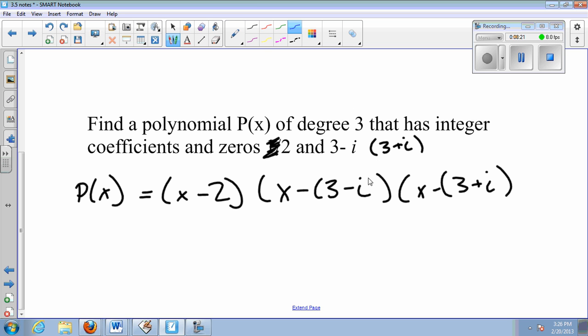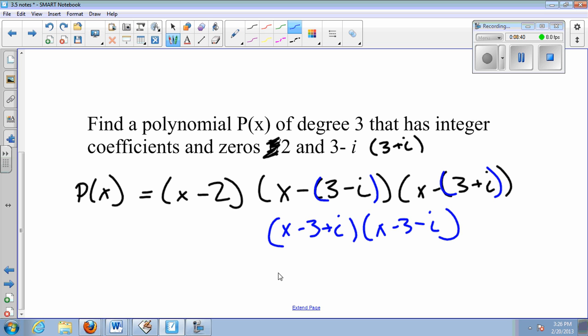Okay, so we're going to work with x minus 3 minus i and x minus 3 plus i, so that goes x minus 3 plus i times x minus 3 minus i. So we're going to multiply this out. Get x squared minus 3x minus xi minus 3x plus 9 plus 3i.